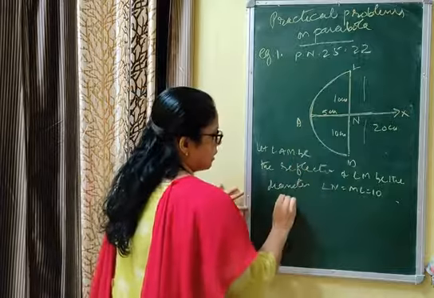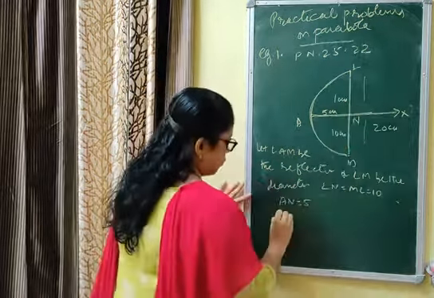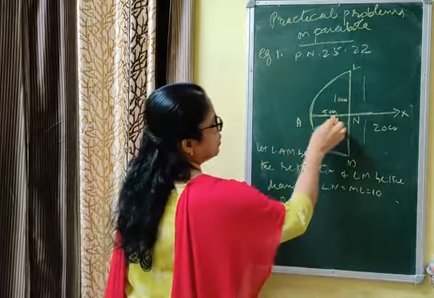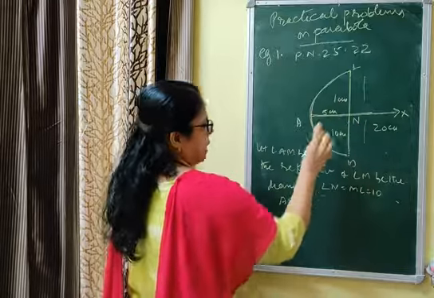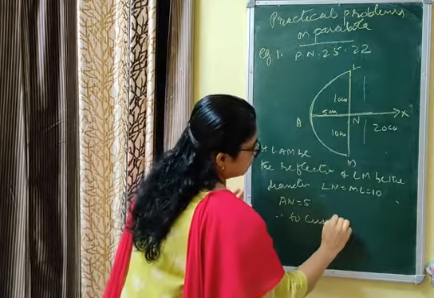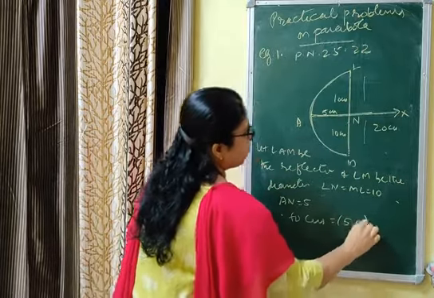This distance is given as AN equal to 5, so N is the focus. Considering this as the latus rectum, N is the focus. Since it is on the x-axis, the y coordinate is 0, so the focus is 5, 0.